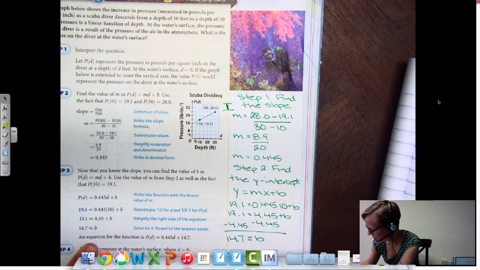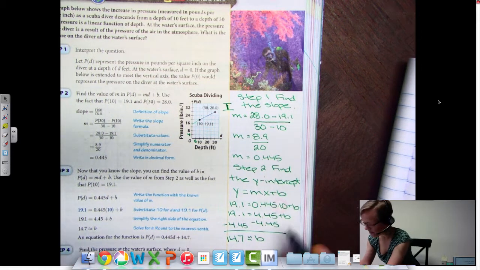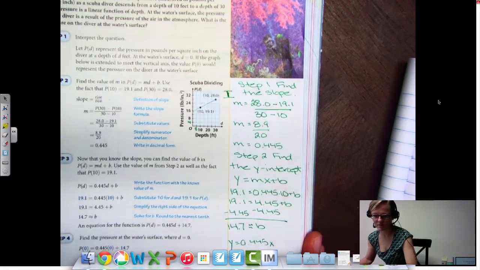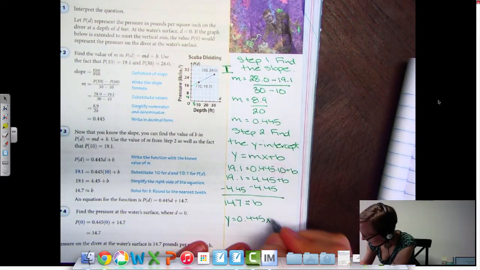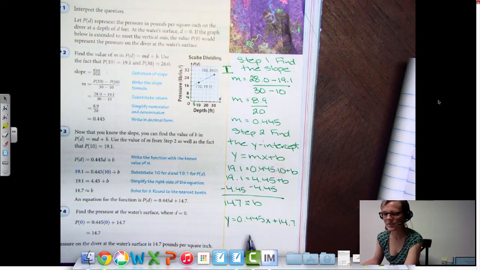So we have a slope that is always 0.445, and we have an intercept that is approximately 14.7. So now this is our equation that is always true.